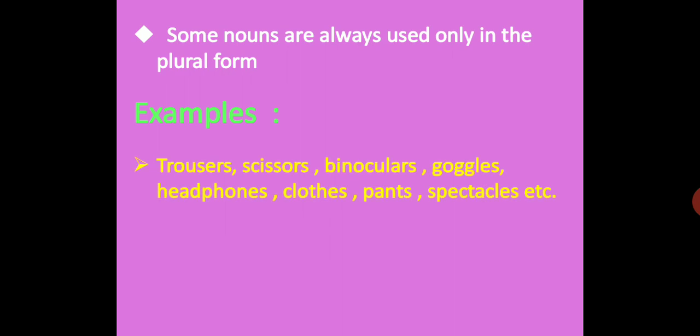Here are the examples. Trousers, scissors. We don't call it scissor. No, scissor is a wrong word. Scissors. Binoculars, goggles. You do not say that I have a new goggle.